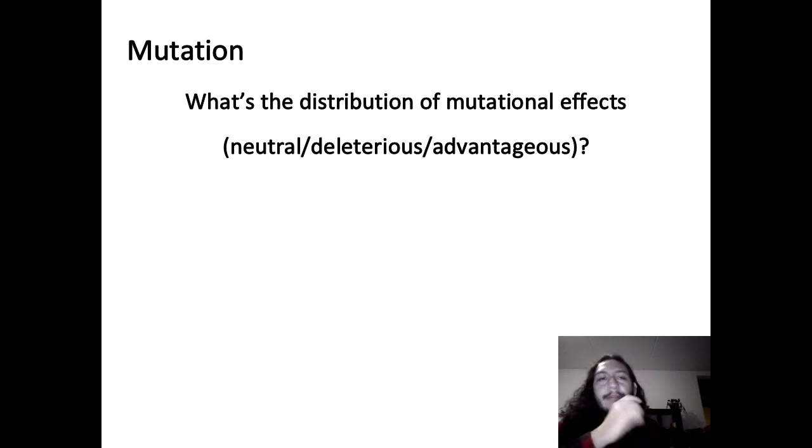So this is really the key part as to why microevolution keeps on going. But then not all mutations are the same. So then mutational effects can be either neutral, deleterious, or advantageous, right?